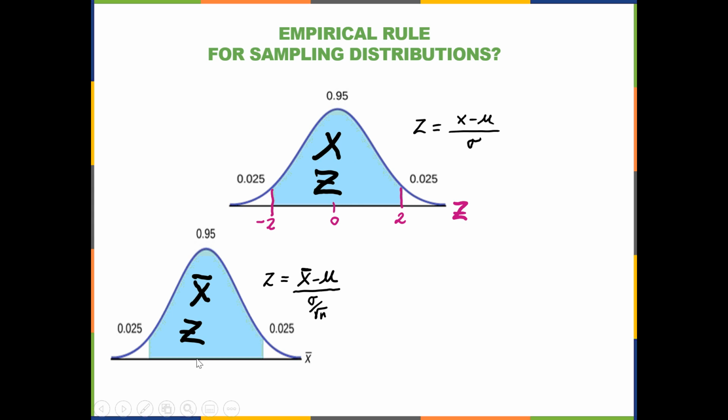So it squeezes things in and makes it more narrow. And so your areas are going to be different, and what happens is we end up with smaller z-scores with that area of 0.95 between. So the empirical rule doesn't really work with the sampling distribution.